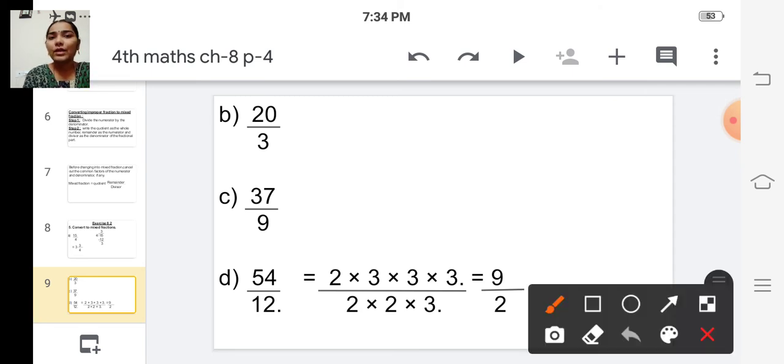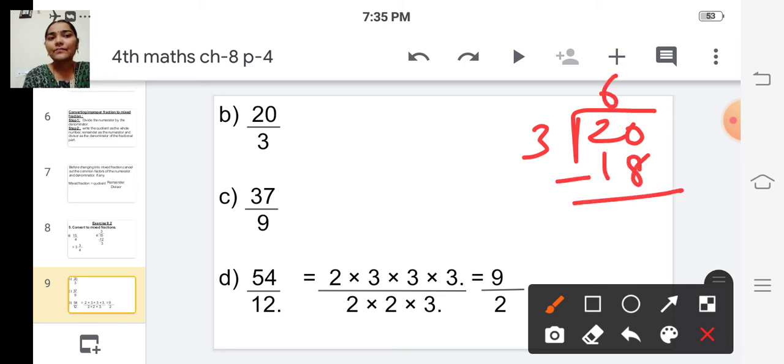We will do the next problem, 20 divided by 3. There will be no common factors for numerator and denominator, isn't it? So we shall directly divide 20 by 3. How many times will it go? 7 3s are 21, so we shall take 6. 6 3s are 18. Subtract 20 minus 18 is 2.